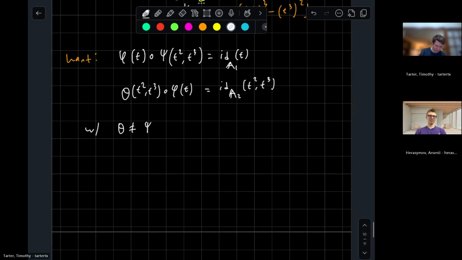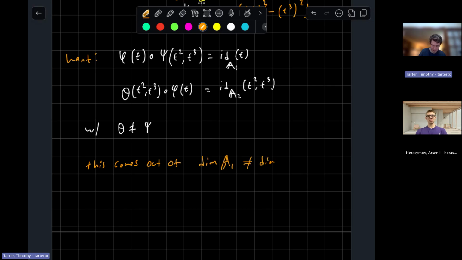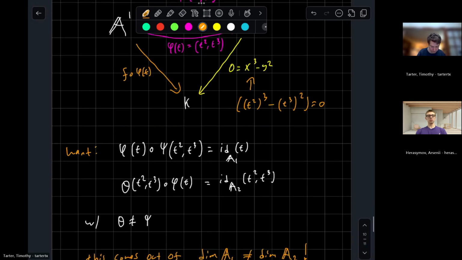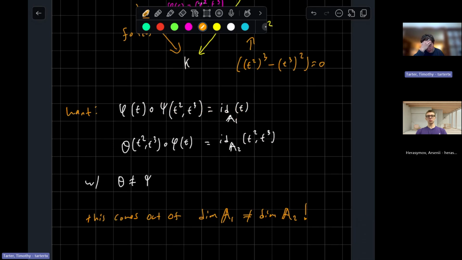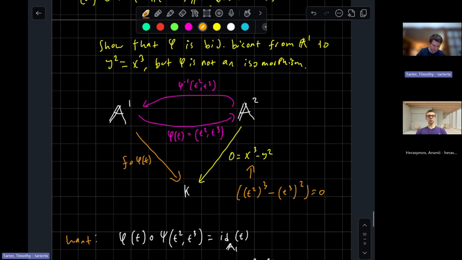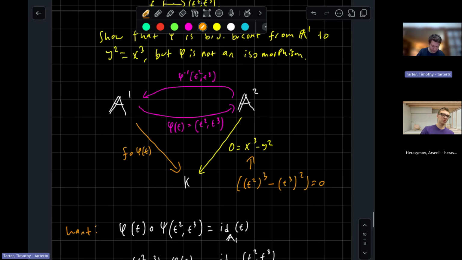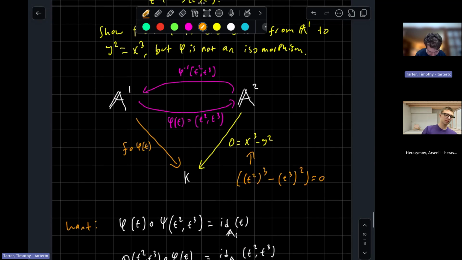I'm just going to say this comes out of the dimension of A1 not equal to the dimension of A2. We can find the inverses, which are maybe just going to be taking, I guess, the specific f doesn't really matter here.